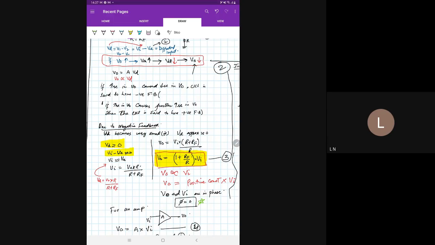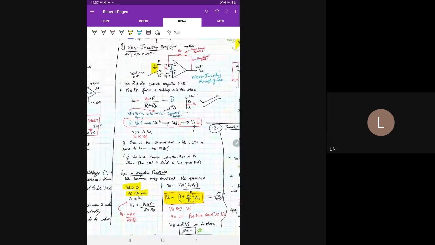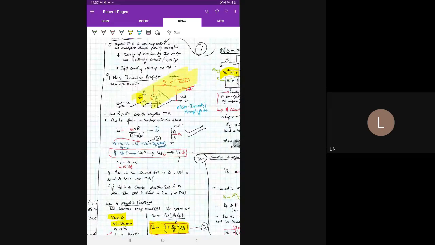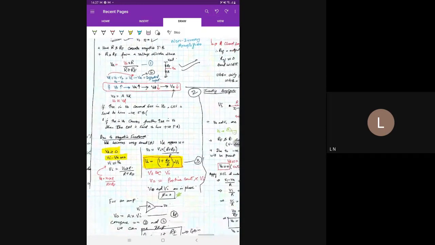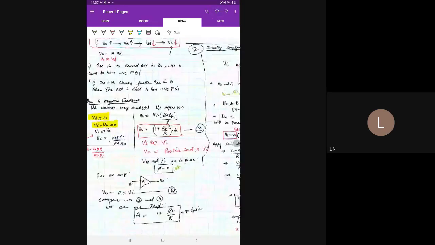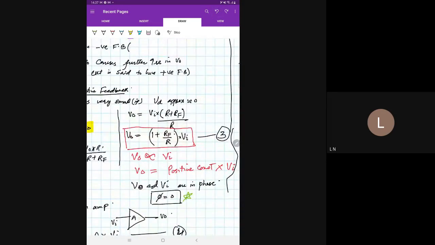This is the final equation of this non-inverting amplifier, the mathematical expression of the output, equation 3.